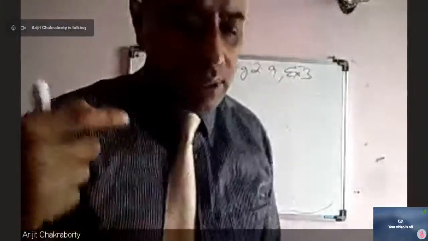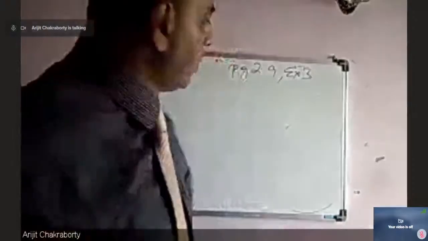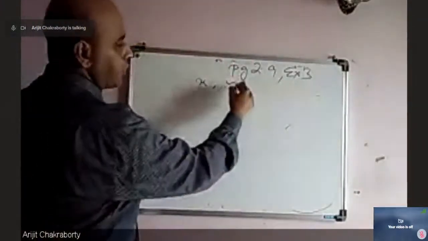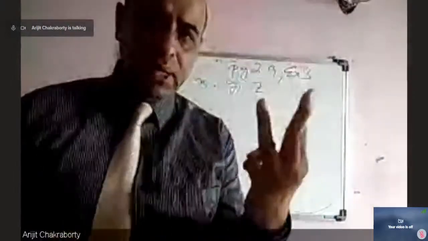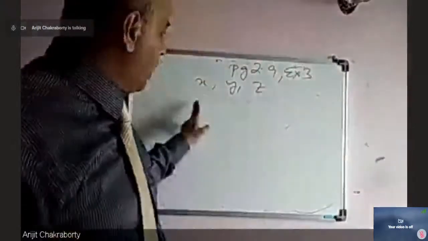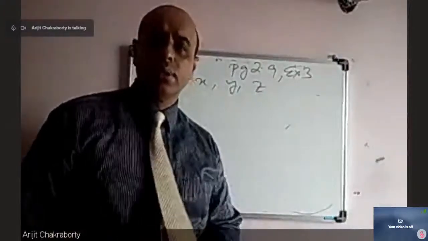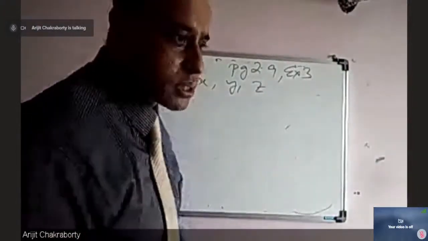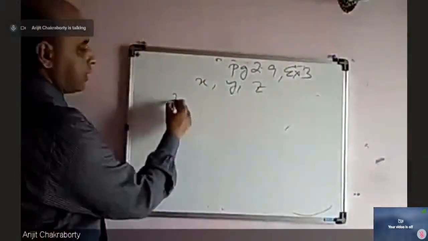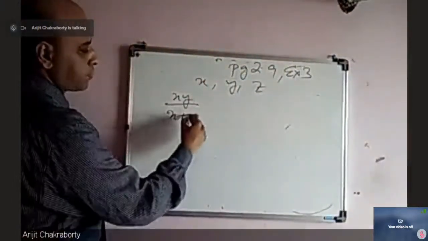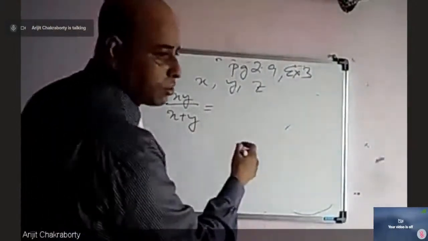So let us solve this problem. You have 3 unknowns here. There are 3 equations given, and you have 3 unknowns, right? What are the equations? xy by x plus y is equal to 70.